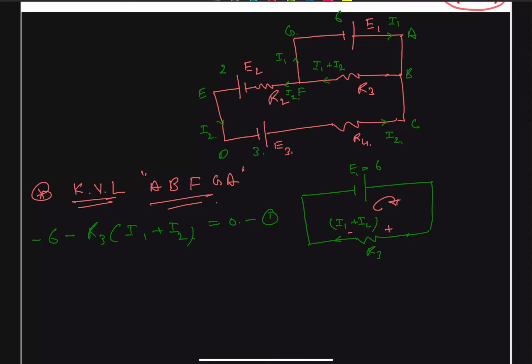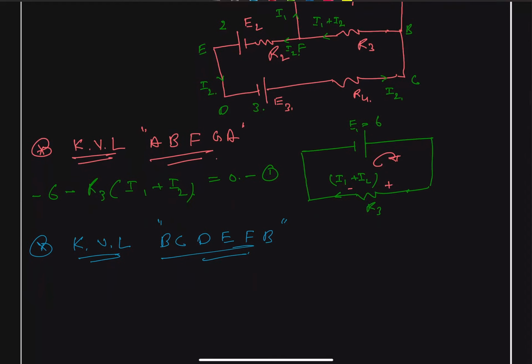And the second, we are going to take loop B, C, D, E, F, B. So we have our KVL, and the loop is our B, C, D, E, F, and B. Once again, we can draw its equivalent circuit.